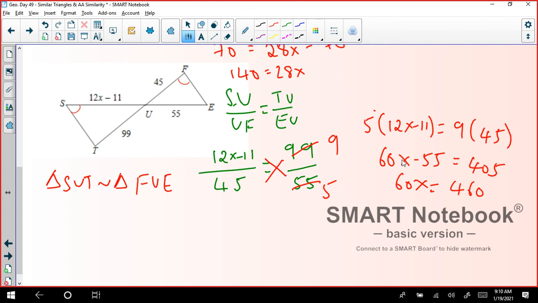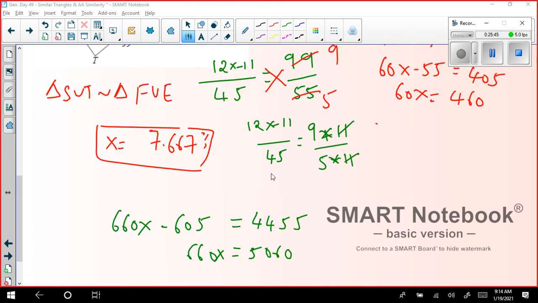And I have 9 times 45, which is 405. Adding 55 on both sides, I'll have 460 equals 60x. 460 divided by 60 gives us 7.7. I'm just rounding to the third decimal, 7.778. Okay.